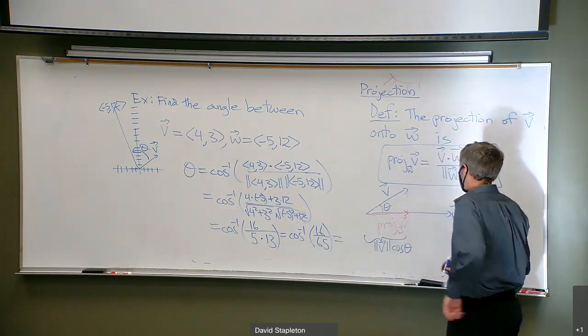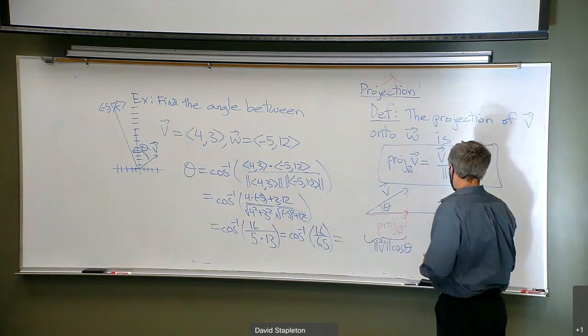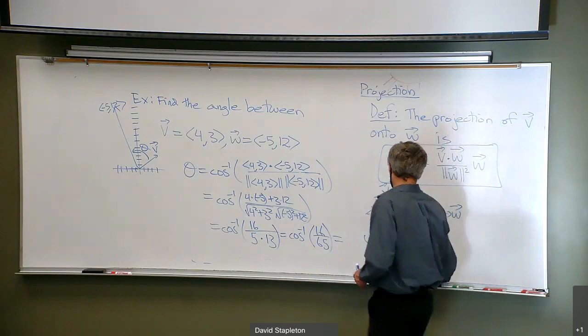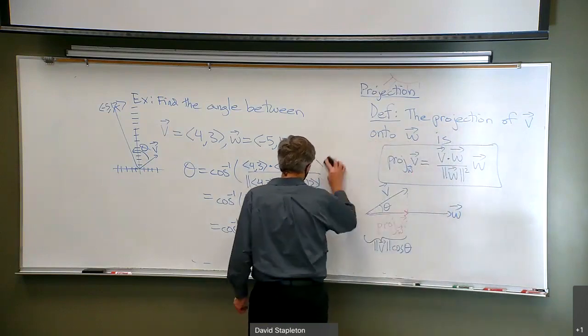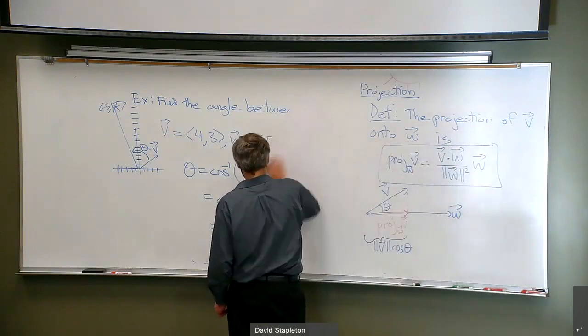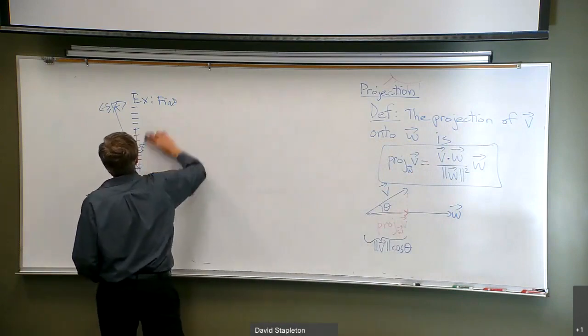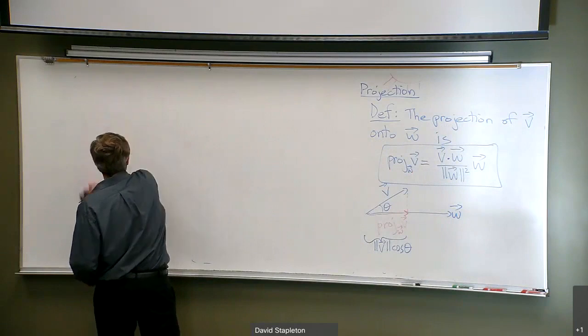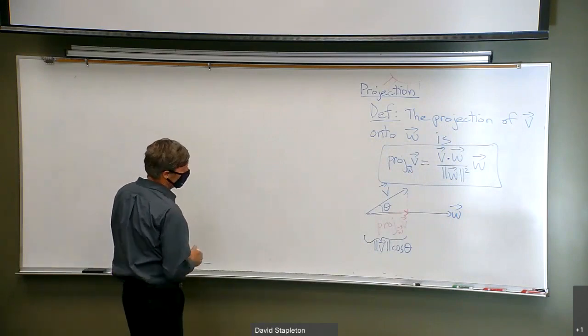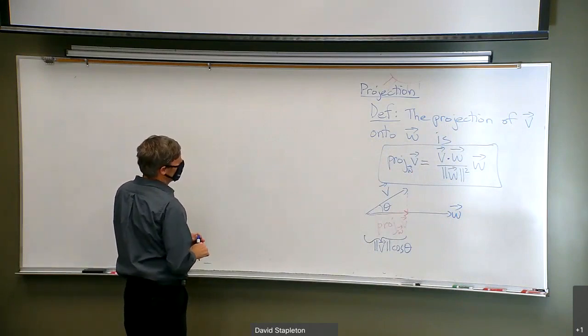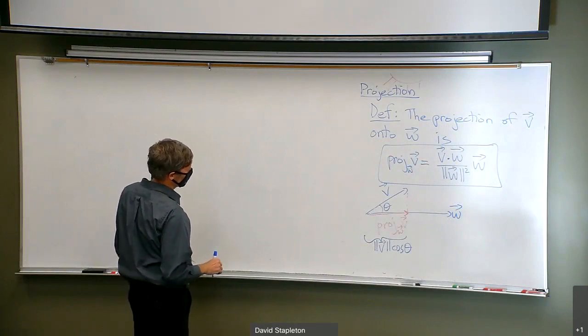And now, what is the vector I want? What is this vector here then? This is its length. What's its direction? It's in the direction of W. And we can make the following definition.